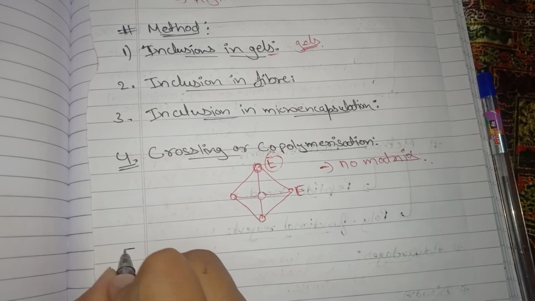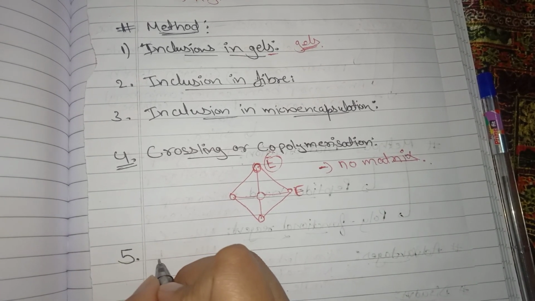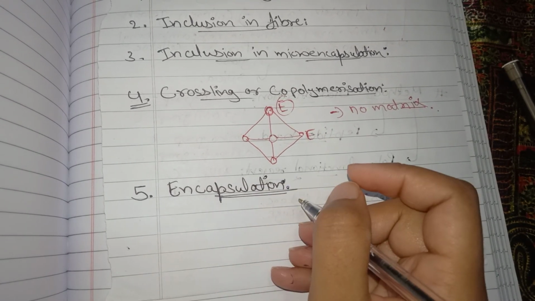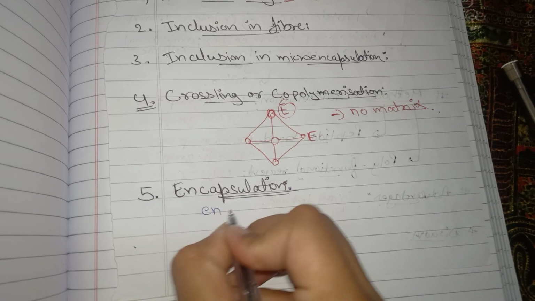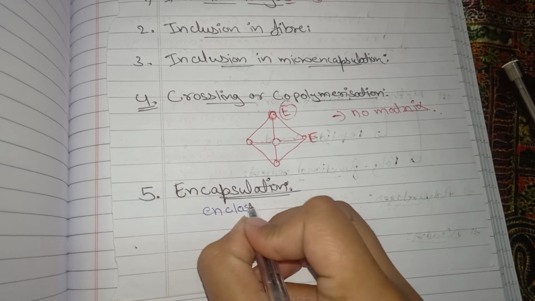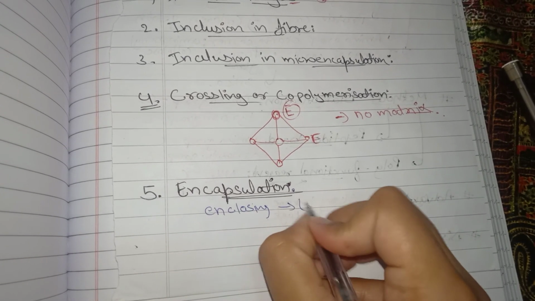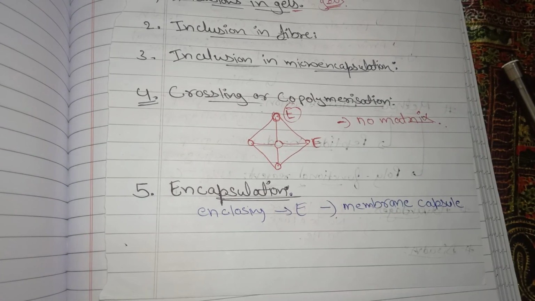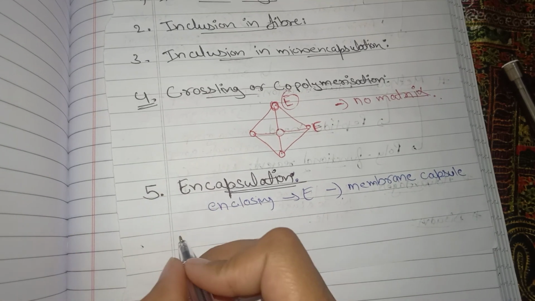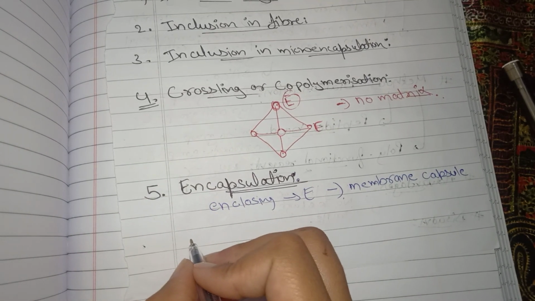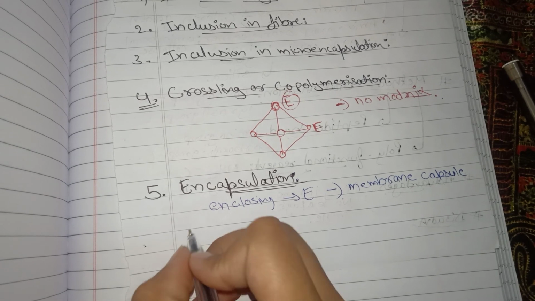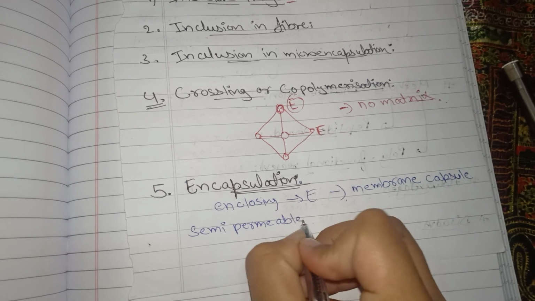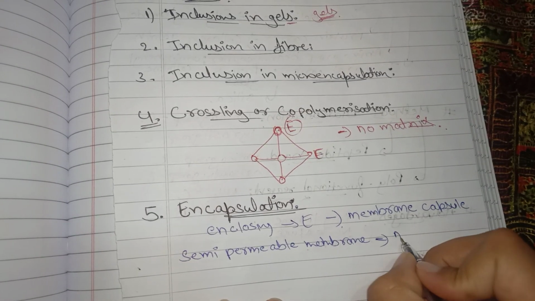Now, the fifth method will be encapsulation. In this method, the immobilization of enzyme is done by enclosing the enzyme in a membrane capsule. The capsule used in this is made up of semi-permeable membrane like nitrocellulose.